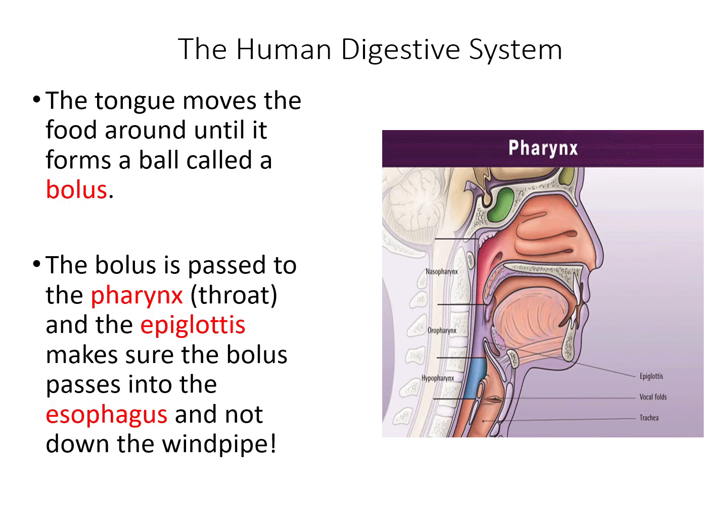If the food is present, it is closed so that the food would proceed to the esophagus. And then when we inhale or exhale, this epiglottis opens for the air to pass.